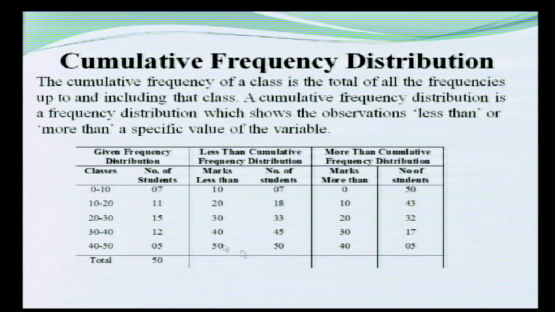Then for the second class we subtract the 7 from the total, and the more than cumulative frequency will be 43. Similarly it reduces up to the last class, whose frequency will be 5. So this is the cumulative frequency distribution.